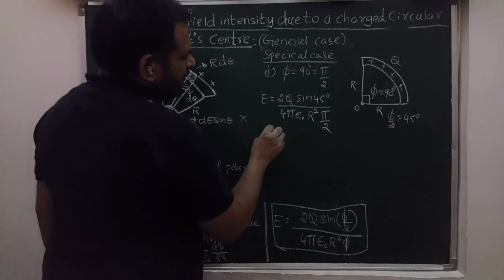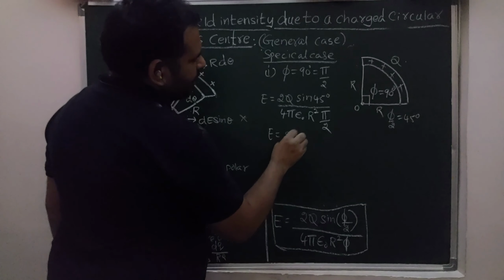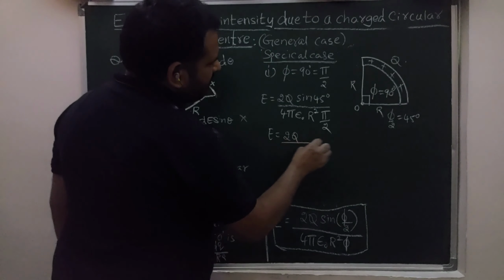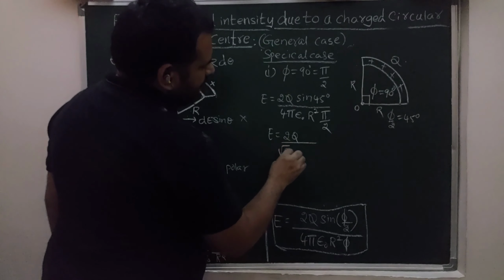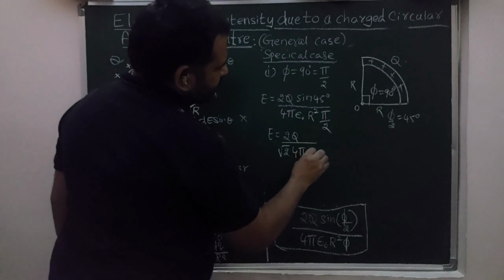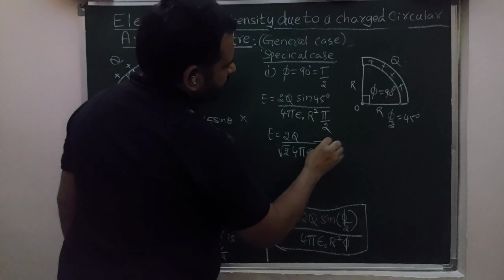So E is equal to 2Q into 1 by root 2, that is 1 by root 2, divided by 4 pi epsilon naught r square.